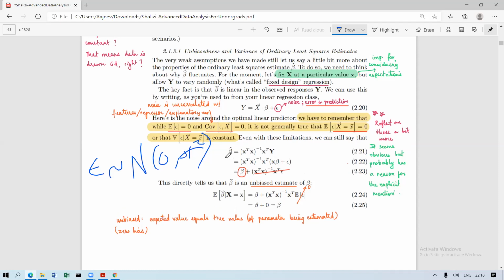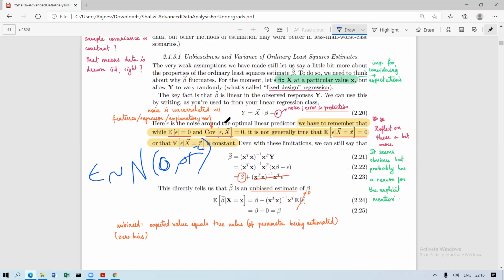And why zero mean? As again it was said in the first chapter, even if it's not zero mean, you can shift the mean and the slope still doesn't change.